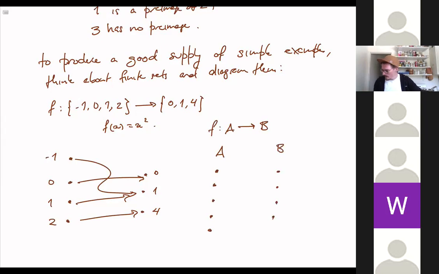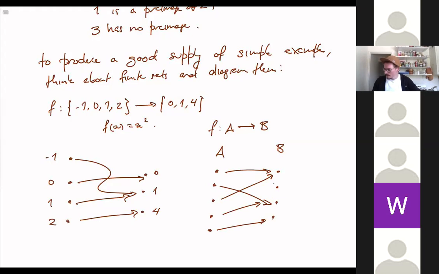And we have some assignment that looks like this. So this one is going down here. This one is going up here. And these two, just like that. So here is just some function between 2 finite sets.